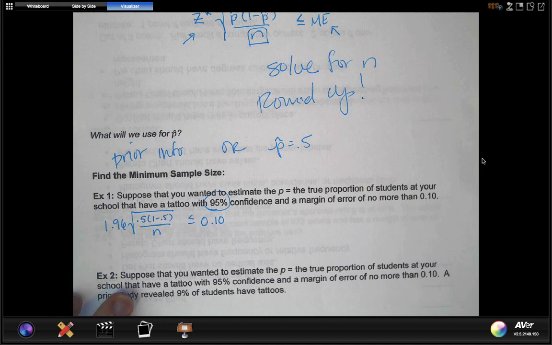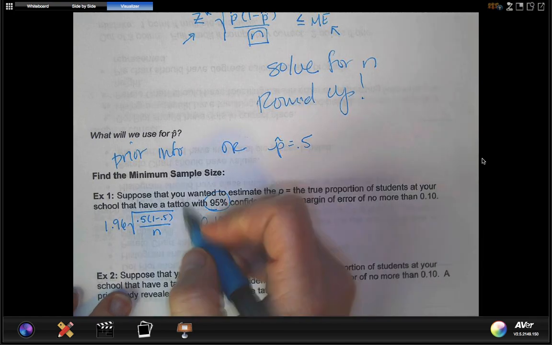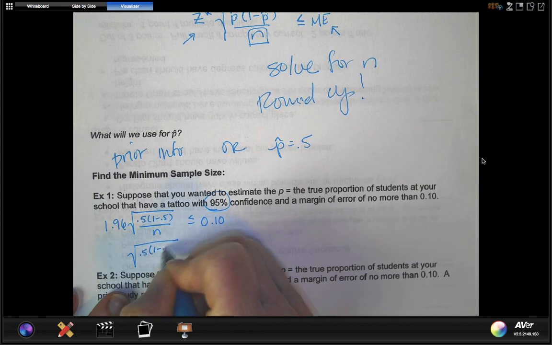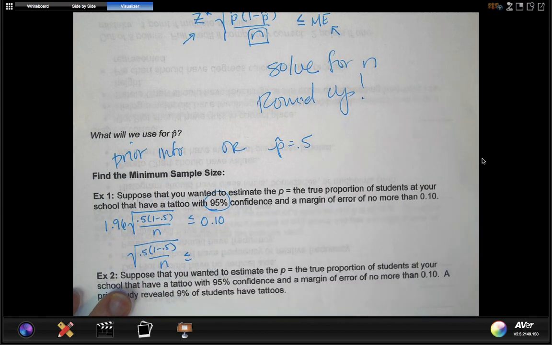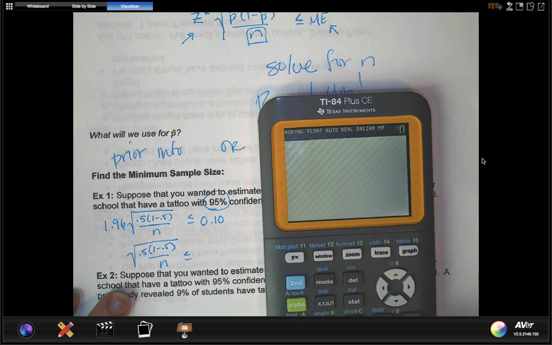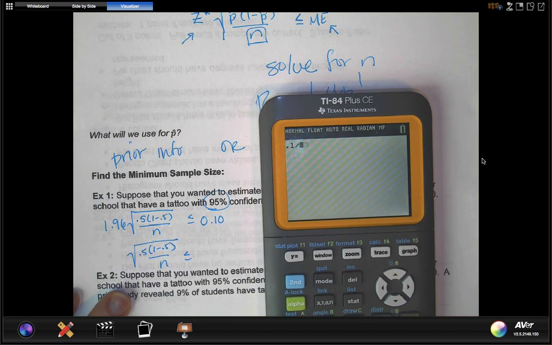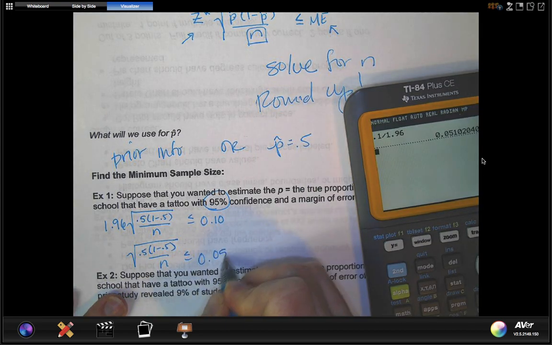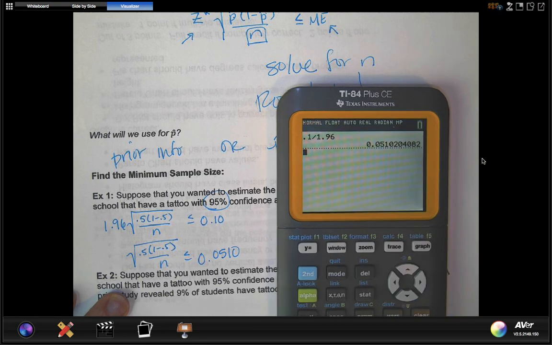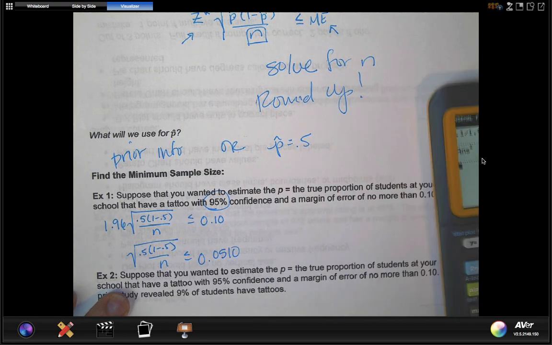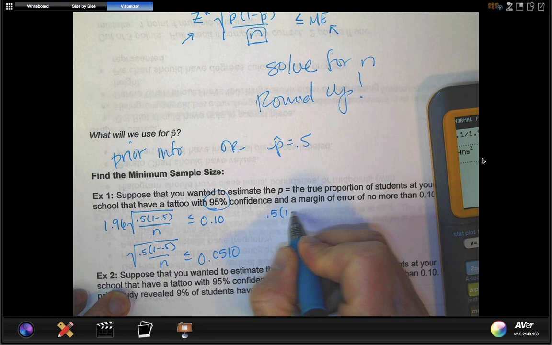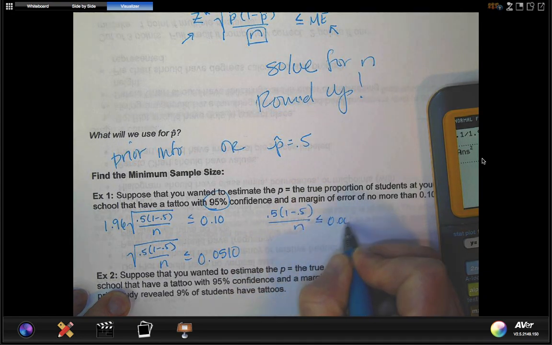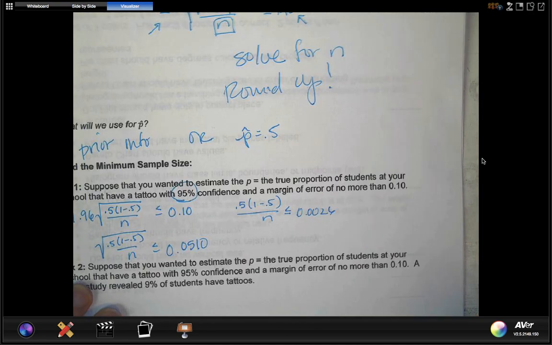Be careful when you solve this. What I would do first is divide both sides by that 1.96. So I'm going to have my 0.1 divided by 1.96, which is 0.0510. Then I would square both sides. When I square both sides, it looks like this. And then it's kind of like you want to cross multiply.